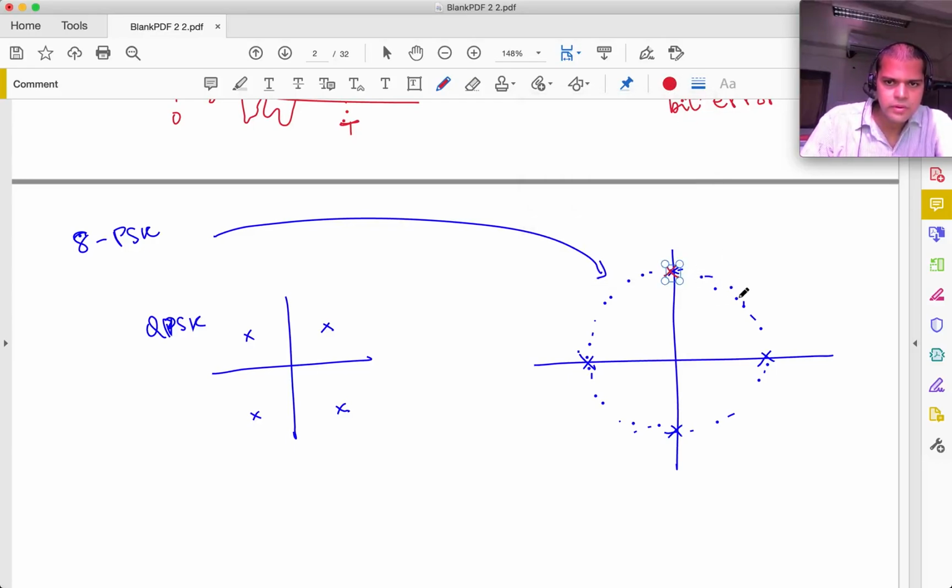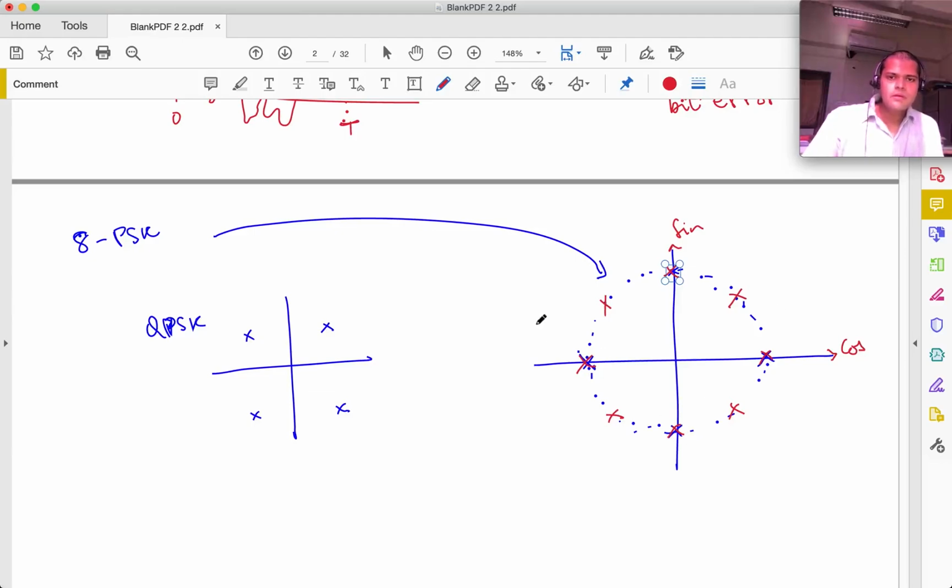So there are these 4 points, but I choose other points too. Okay. So there are these 8 points which I am choosing. All of them lie on the same circle. Okay. So all of them have the same amplitude, because the distance of a constellation point from the origin gives us the amplitude. And the angle from the x-axis gives us the phase. So remember that this is cosine and this is sine.